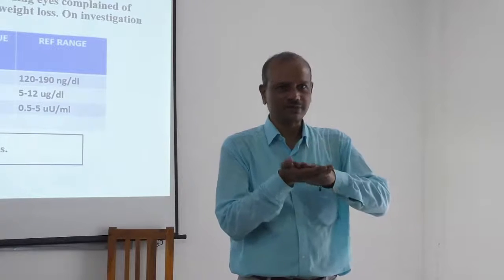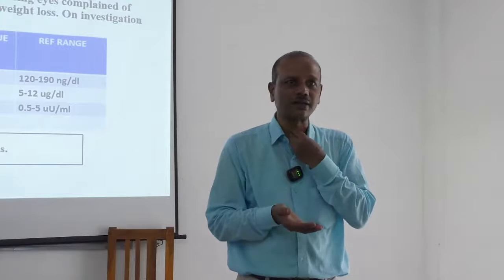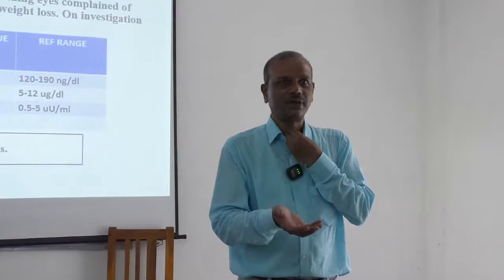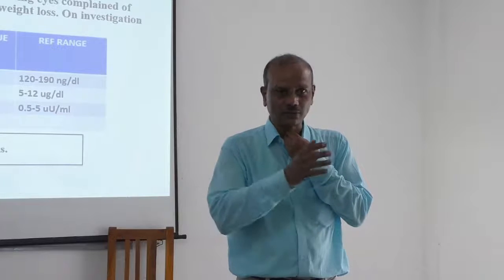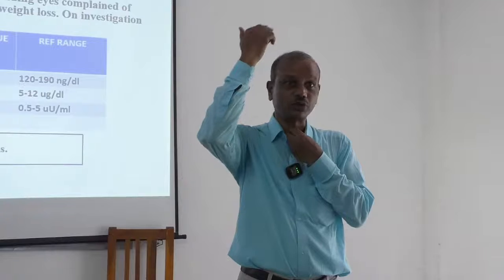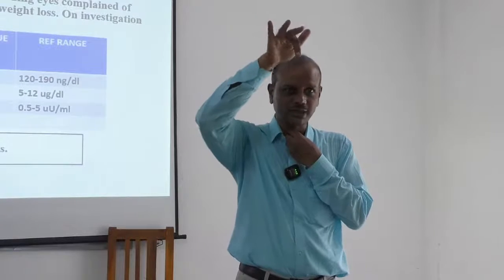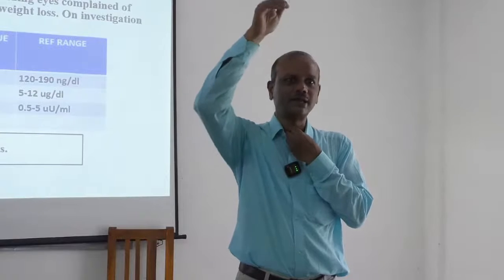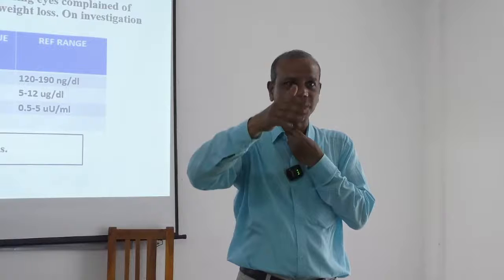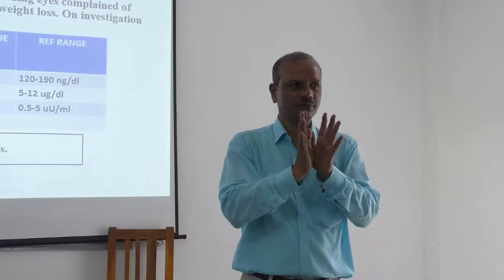If the T3 T4 secretion is low, because the thyroid gland itself is underactive, then there will be feedback regulation, positive regulation, that will stimulate the hypothalamus to release more TRH, which will stimulate the pituitary gland to secrete more TSH, and because of that, more TSH will be formed.